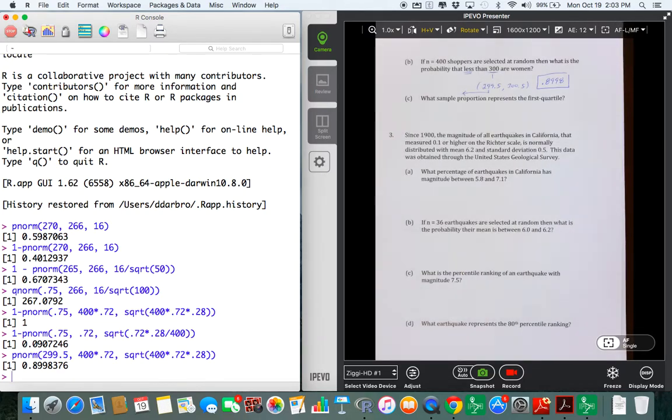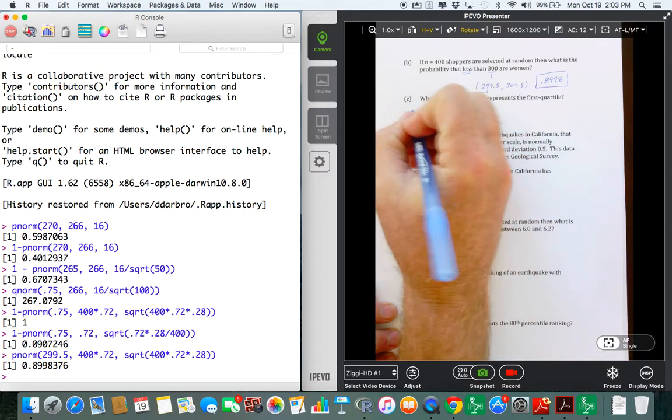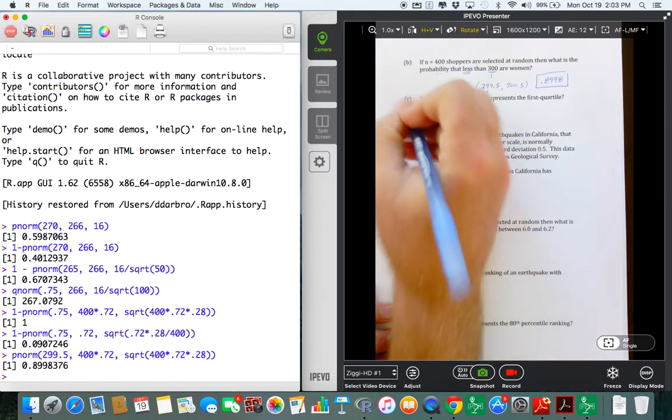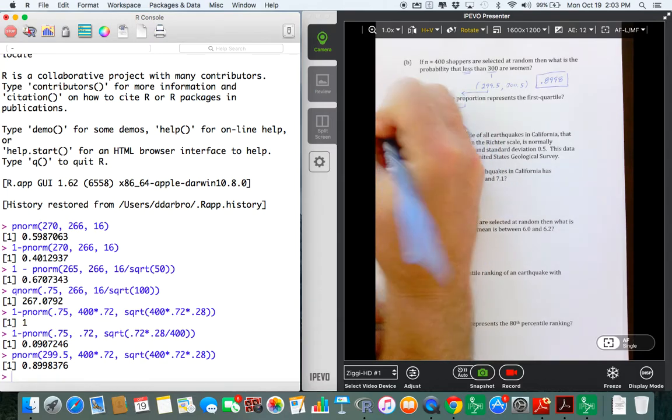Part C, what sample proportion represents the first quartile? Now, sample proportion tells me that I want some P, which is not a count, but a percentage, which we're going to let be a decimal.